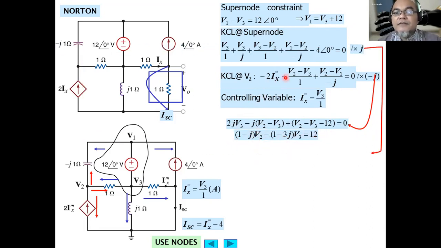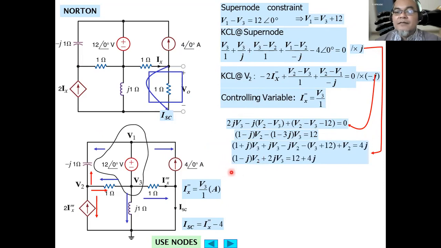So we use the KCL at the supernode further: 1 plus J plus V3, plus J V3 minus J V2 minus V3 plus 12, plus V2 equals 4J.